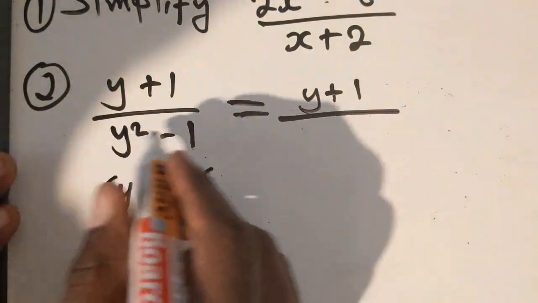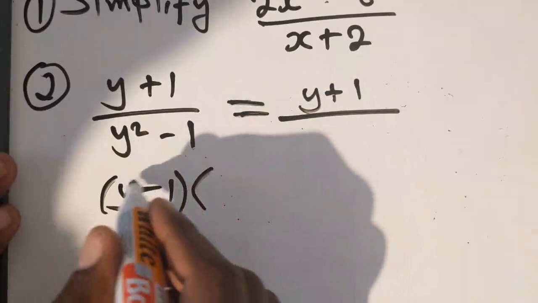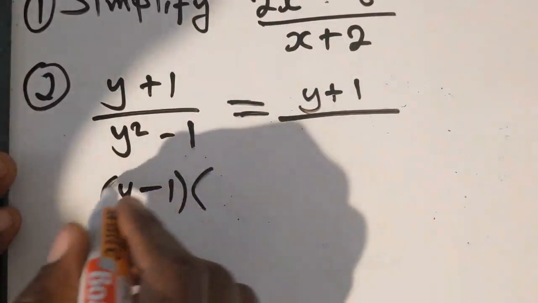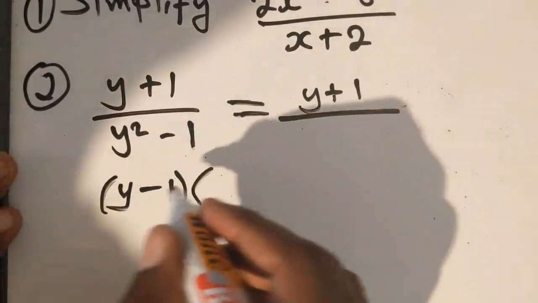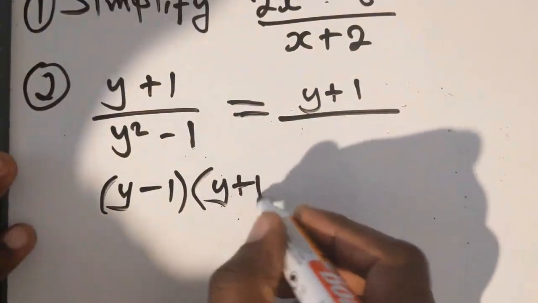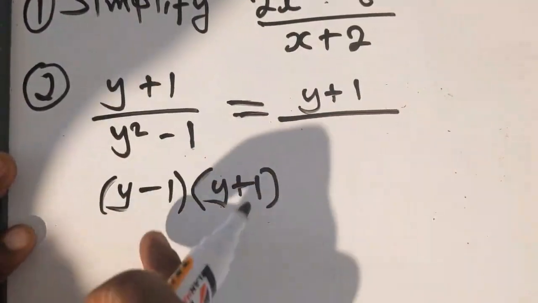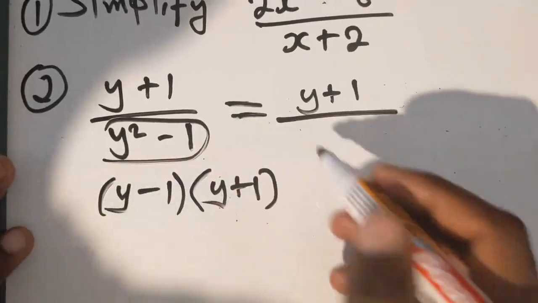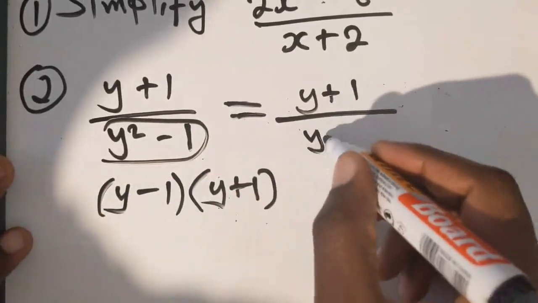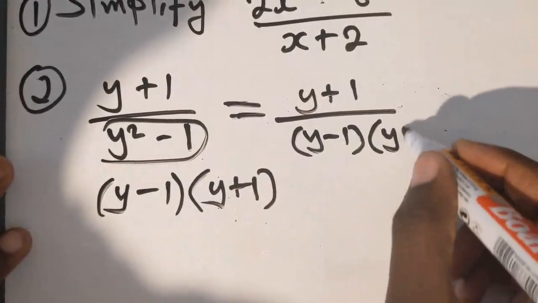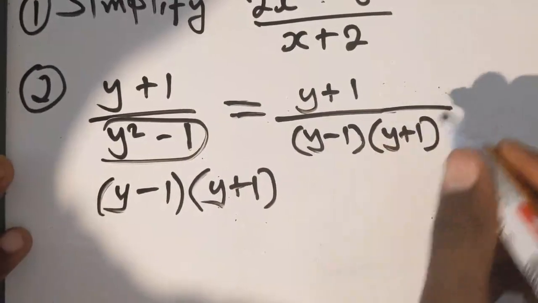There are supposed to be two expressions of the same but with different signs. So we have y minus 1, then here y plus 1.